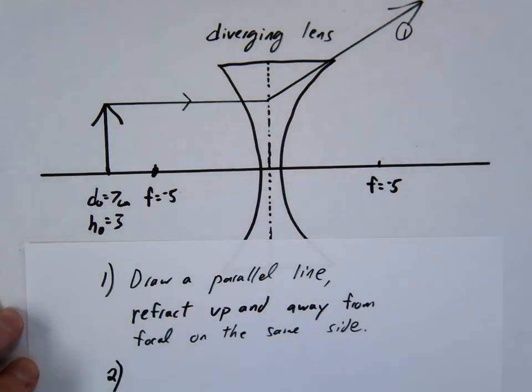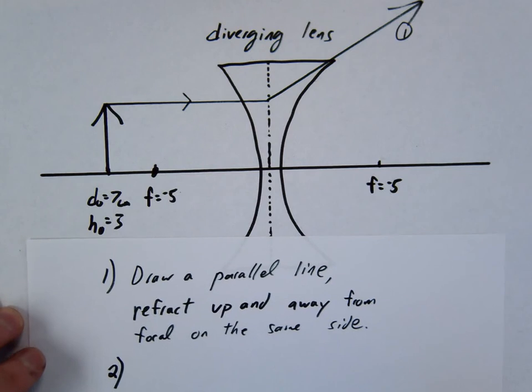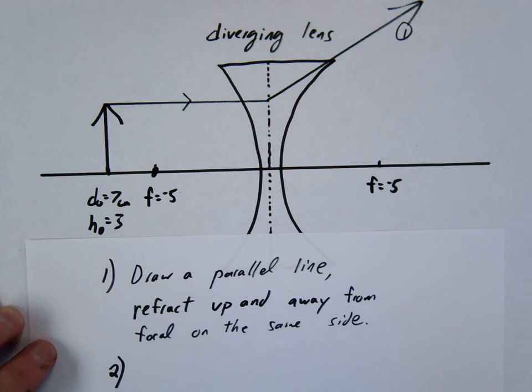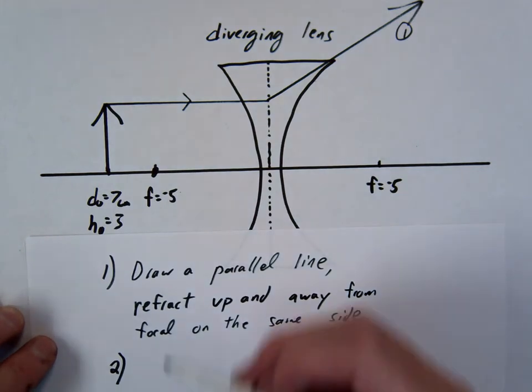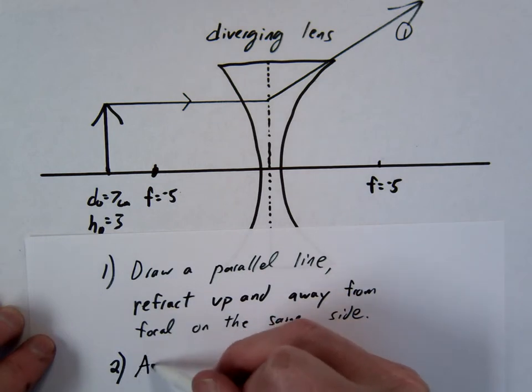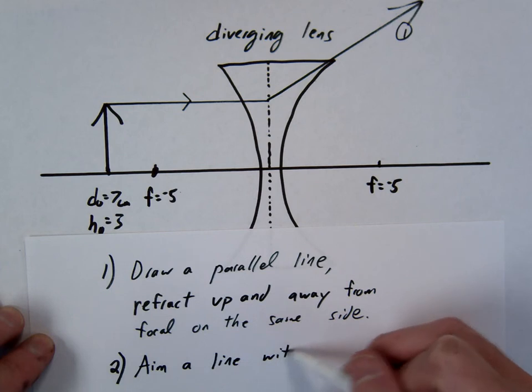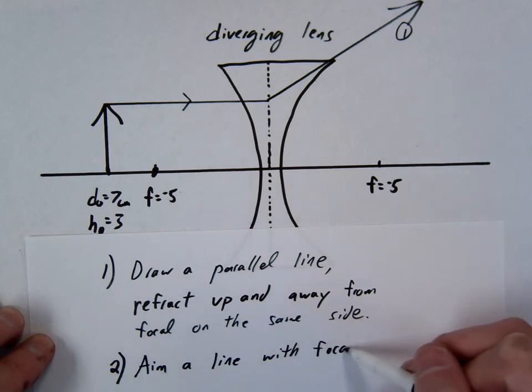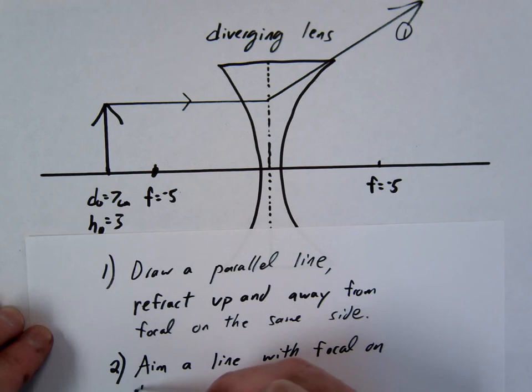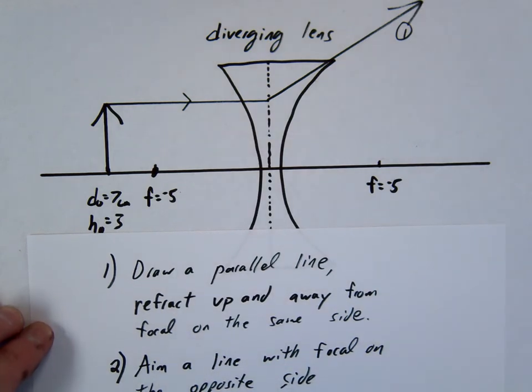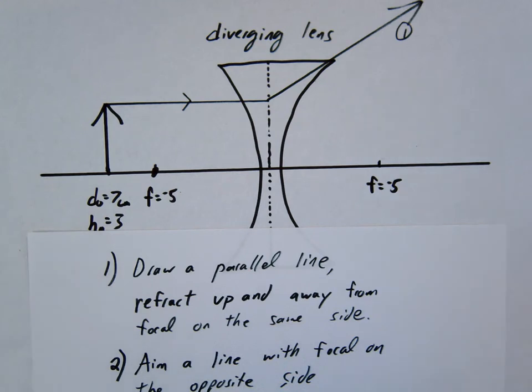And that brings us to line 2, and this is where most people make the mistake. So what you're going to do is you're going to draw a line, aiming your line with the focal on the opposite side. This is the beam that people always make a mistake on.